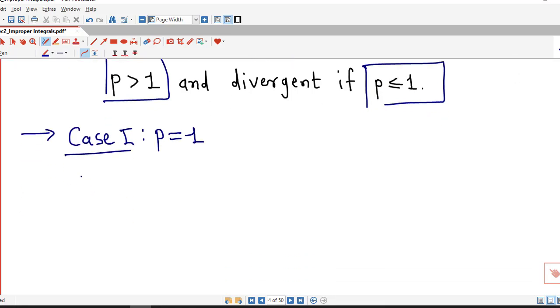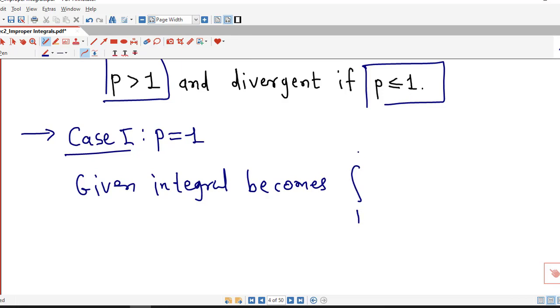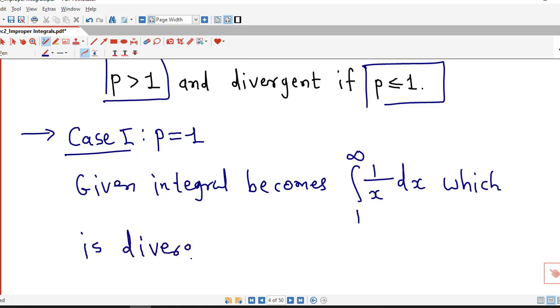For p equal to 1, the given integral becomes the integral from 1 to infinity of 1 by x dx. In the earlier lecture, lecture number 1, we have shown that this integral is divergent.